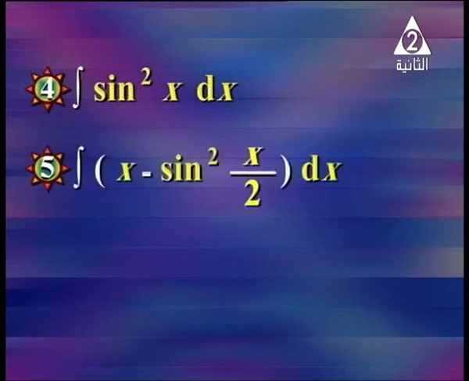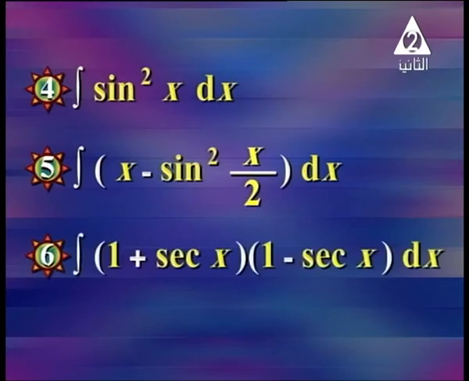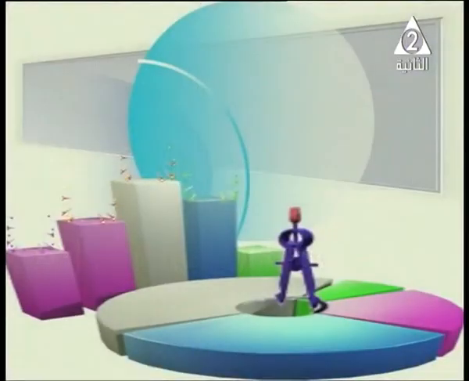Number 5, integration of bracket contains x minus sin square x over 2 dx. Number 6, integration of bracket contains 1 plus sec x multiply bracket contains 1 minus sec x dx. Solution.